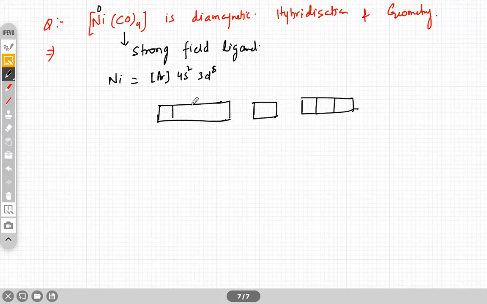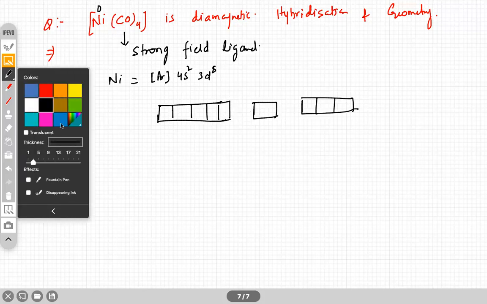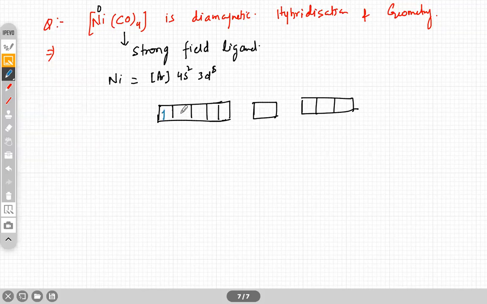Since it is coordination number 4, we require only 4 vacant orbitals. 3d has 8 electrons, and 4s will have 2.